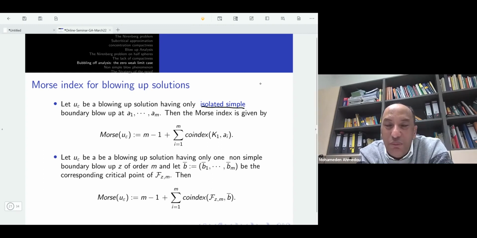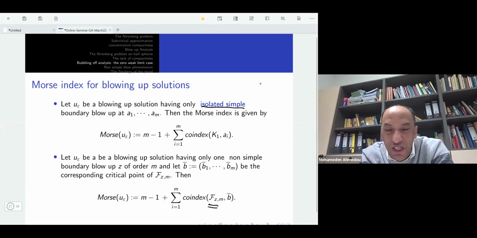So Ai are critical points, and then you look at their co-index. If you have now a non-simple blow-up point, then you have to change your K1 by FZM.